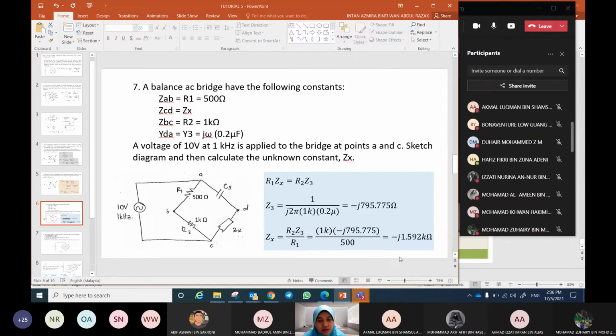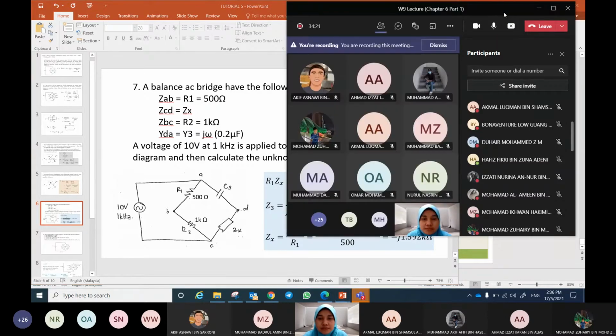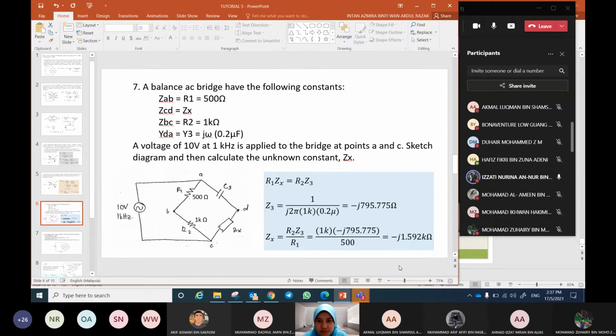If you look at this number, Zx equal to this, is it R, L, or C, or combination of? Combination of.